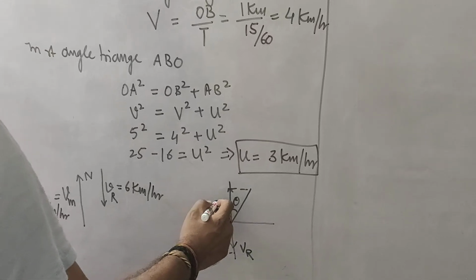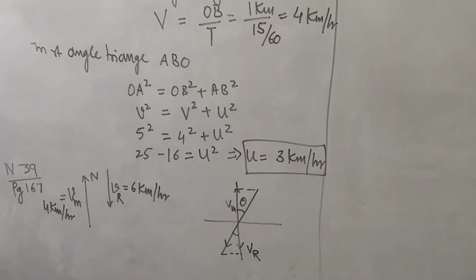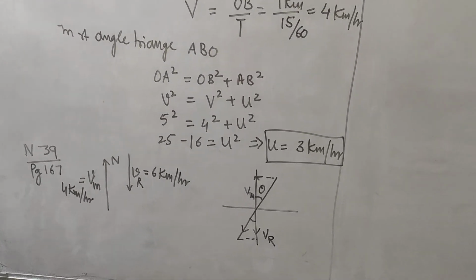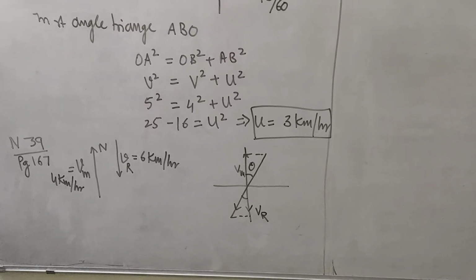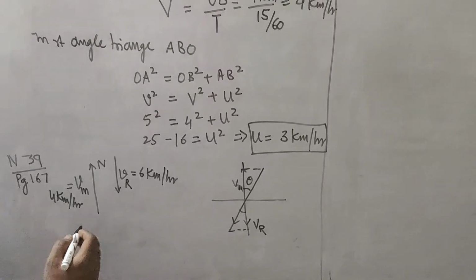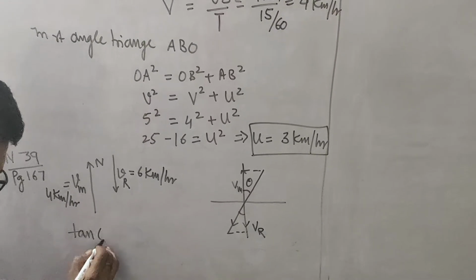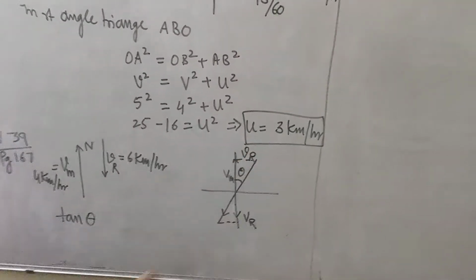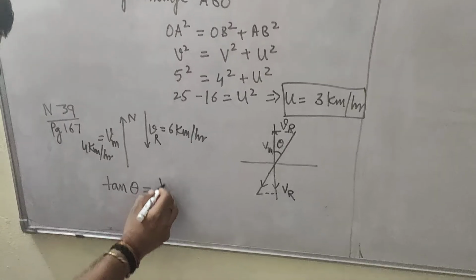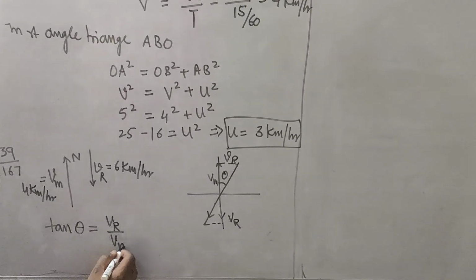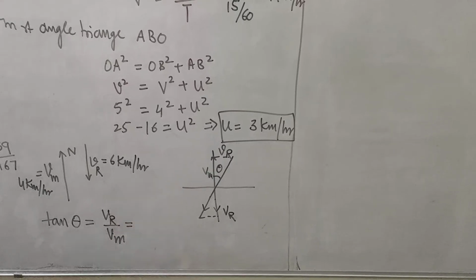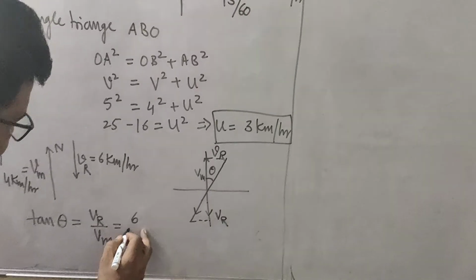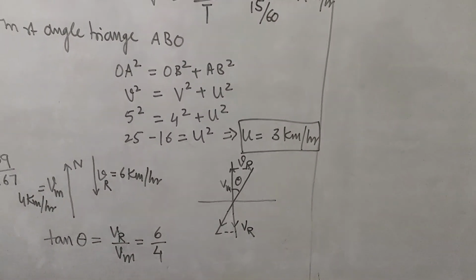And this is the velocity of man. So the question is, to protect himself from the rain, in which direction should he tilt his umbrella? So you know the formula for the umbrella. So you can find tan theta. This will become VR. So tan theta is perpendicular upon base, that is 6/4.